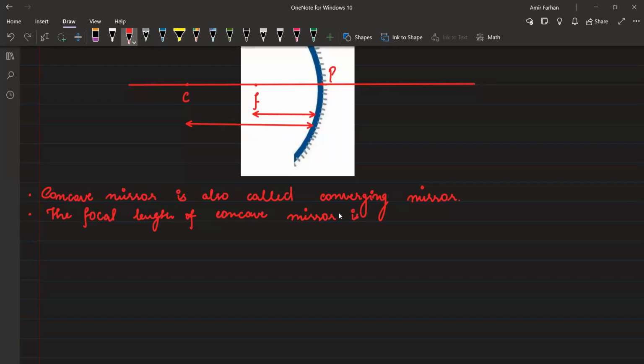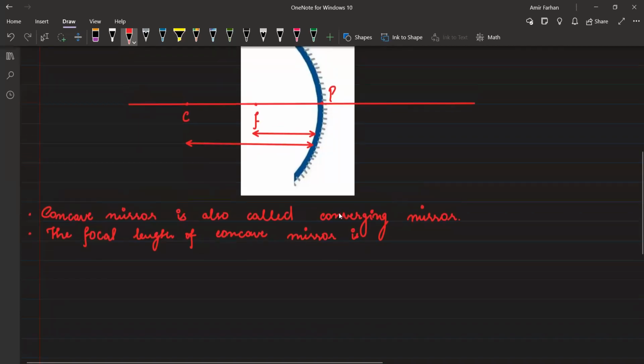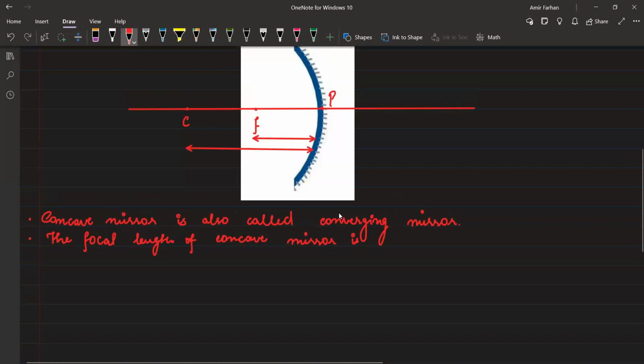Why negative? Can anybody tell me why it is negative? Because the light direction is towards the right and this is to the left. Yes. Basically, light travels in this direction, but we have to calculate the distance from the pole, and this focal length is present here. You can say the focus. So we will move into the opposite direction of the light ray.